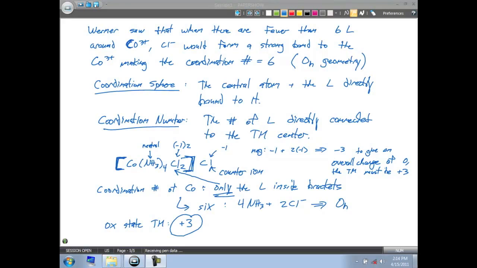Okay? With these transition metals, one of the things is that we can have varying oxidation states. So it's going to depend on how many ligands you have around that to determine what that oxidation state is. And we're going to pick up with oxidation states, coordination numbers, and geometries on Monday.